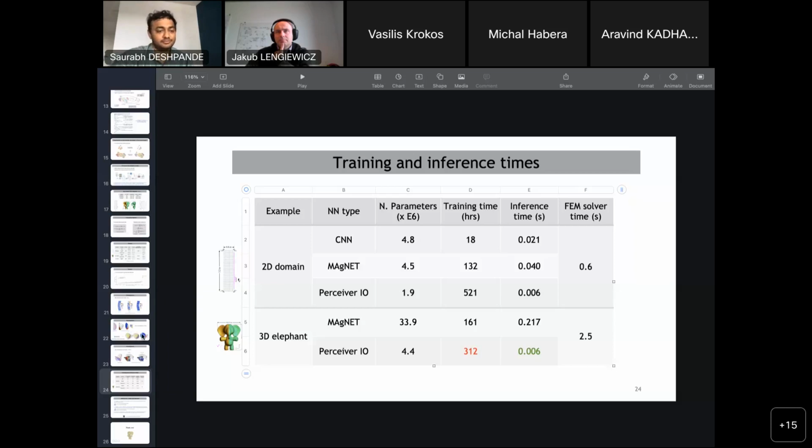Have you looked, for example, at the memory complexity, how much memory you need to store the parameters for these networks, compared to how much memory would be needed to store the factorization? No, I haven't checked that, but I'll do it. I'll let you know. Okay. It's huge. It's not super optimal in case of MagNet, at least. Okay. Yeah, thanks.